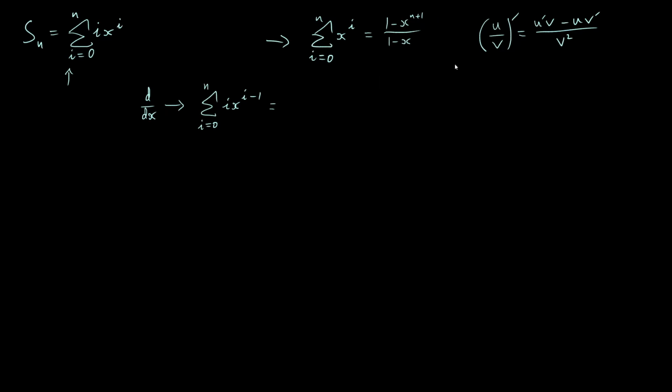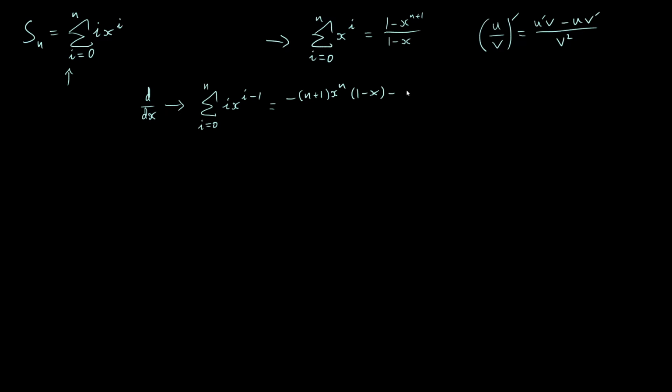Okay, so let's just apply this formula. And so u prime, well, we just differentiate the numerator and we get minus (n plus 1) x to the n. Okay, and then we have to multiply that by our v, which is 1 minus x. Then we have to subtract off u v prime.